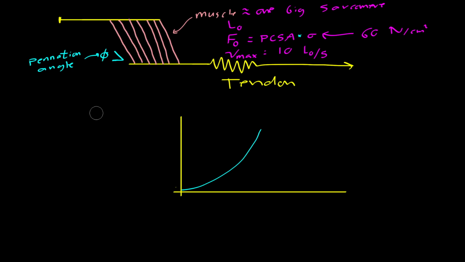So we're going to express the force the tendon produces as a multiplier of the optimal muscle fiber force. And then we're going to express the length of the tendon in absolute terms. Let me move the y-axis down over here. Force is still on the y-axis, and this is just going to be absolute tendon length.